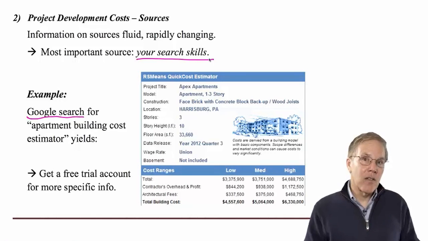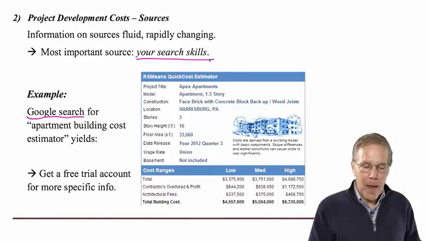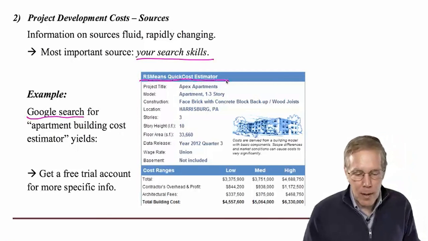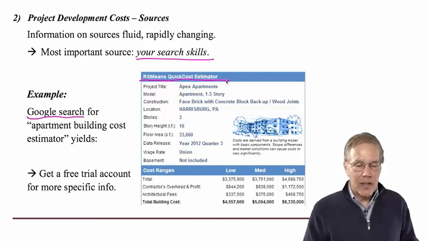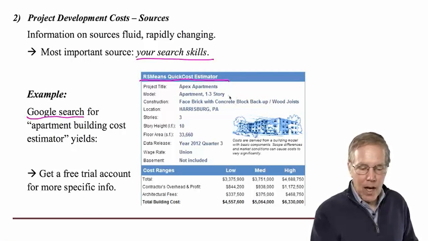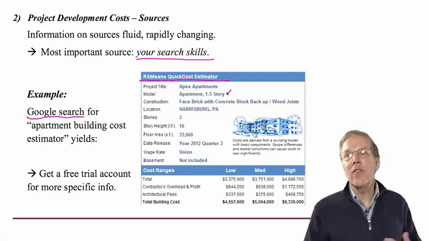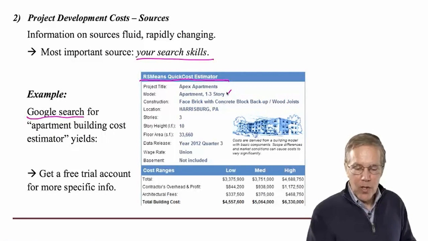So using my internet searching skills, hopefully yours are better, I found, for example, this wonderful tool put out by RS Means. It's free, and it gives you, if you give it a generic type of building, they say 1 to 3 story, and this is clearly multifamily rental.